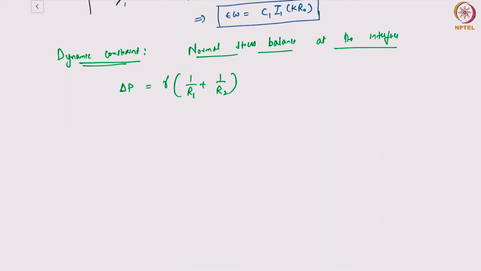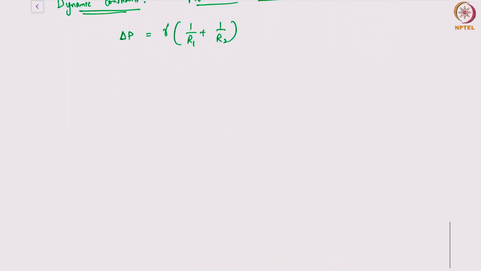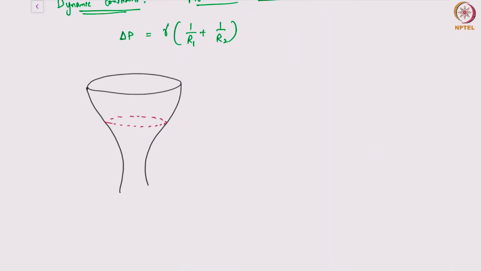Now, first we have to understand what R1 and R2 are. For this, I'll draw a slightly exaggerated interface. Let's consider an interface which is like this, like an hourglass shape. This is part of the varicose mode. Now, at any given point on the interface, I can draw two radii. We have R1, and at this point I have another radius which is R2.